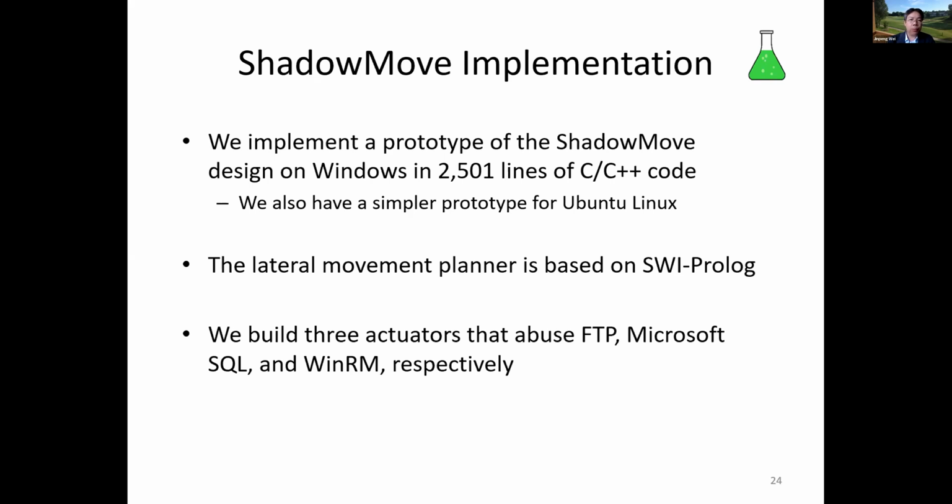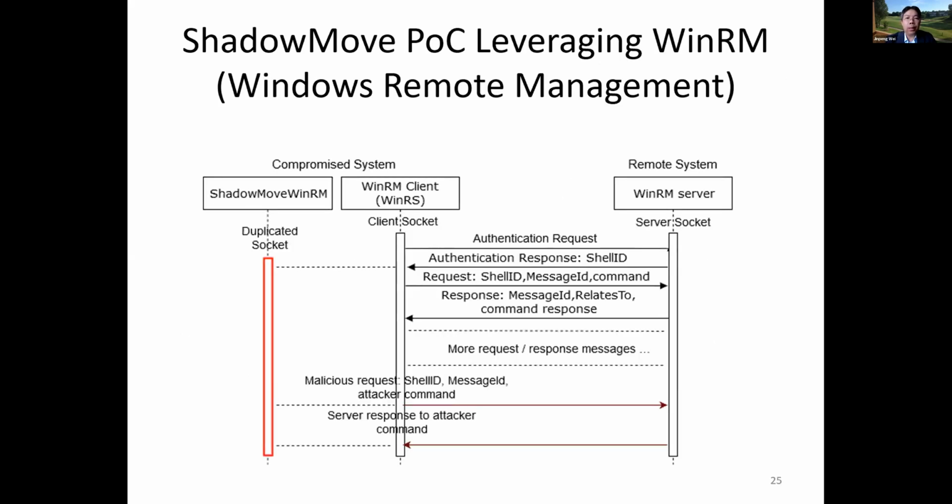And we built three actuators that know how to abuse FTP, Microsoft SQL, and WinRM. Okay, so this is another illustration of how ShadowMove can abuse WinRM.